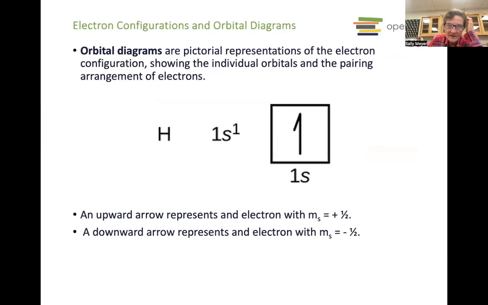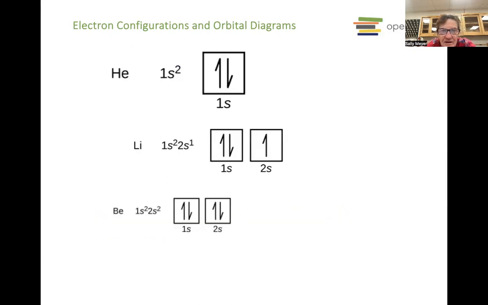Orbital diagrams are pictures that represent the electron configuration, showing the individual orbitals and the pairing arrangements of atoms. Hydrogen is a 1s1 electron configuration, and you could represent that 1s orbital and put one arrow in it, meaning you have only one electron there.